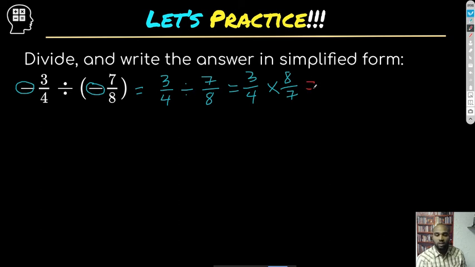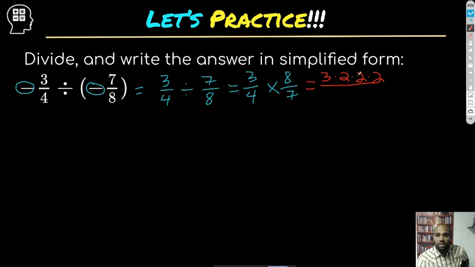Let's change the color a little bit. So now we have 3 times 8 over 4 times 7. I want to make sure this is simplified, so I'm going to write out the primes for 8. That's 2 times 2 times 2, because 2 times 2 is 4, and 4 times 2 is 8.